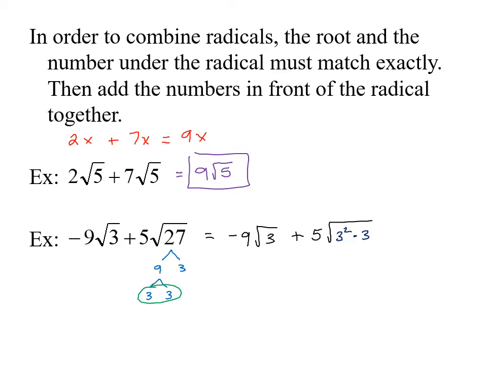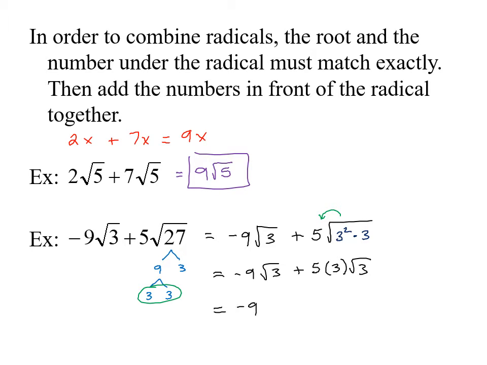Because remember, if you have a power on either a x or a number that matches the root you're taking, then you can take that number out in front. And so I can take a 3 out in front. So this is negative 9 square root of 3 plus 5 times 3 square root of 3. So I'm taking this 3 out and moving it out in front.